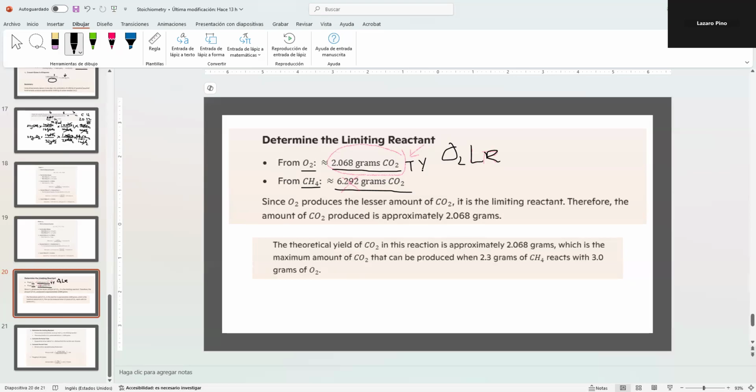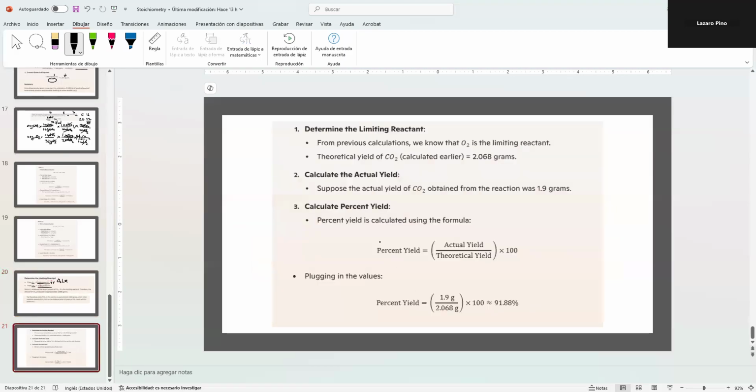Well, using calculations, we can calculate that this mass of carbon dioxide could be produced. In real life, sometimes it is not possible because the temperature, the pressure, and many other factors are not good enough, and then we don't get this amount of carbon dioxide in real life. That's why we have another thing that is known as percent yield.